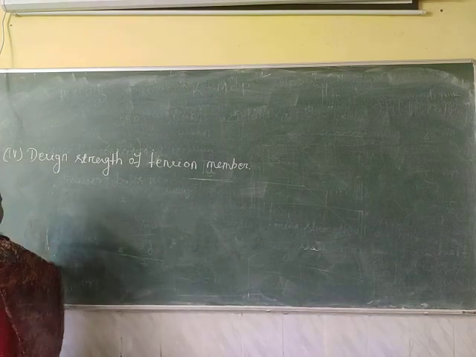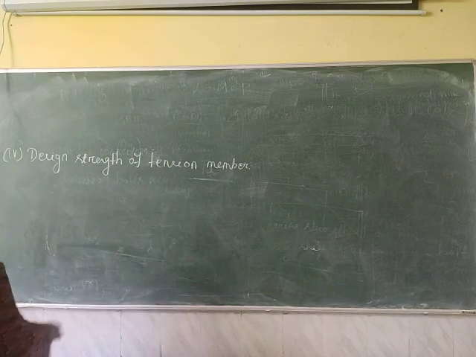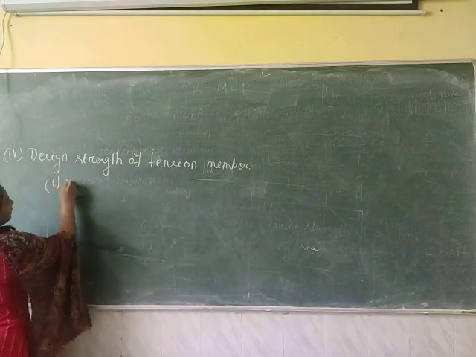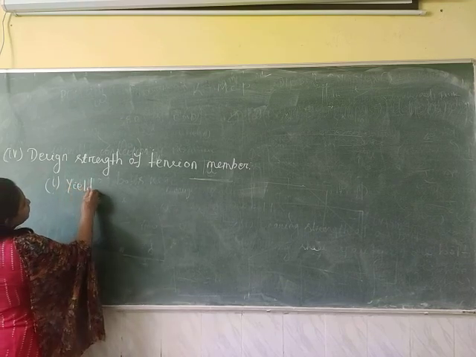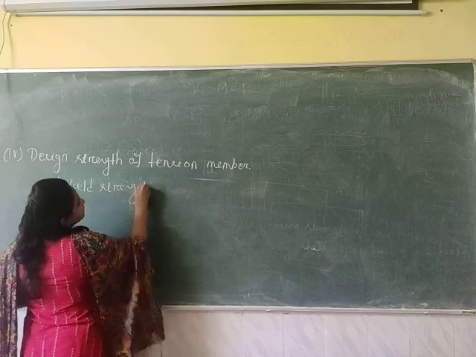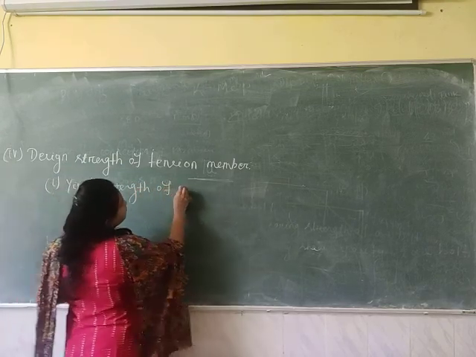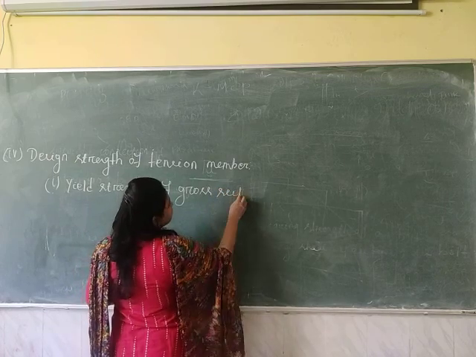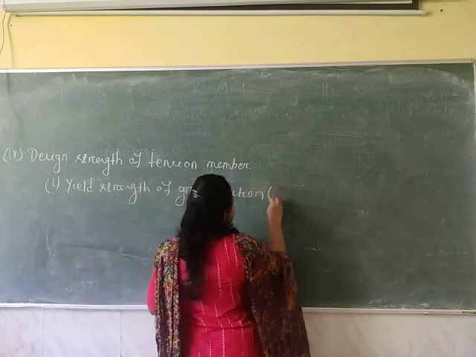So first calculate yield strength of gross section, that is TDG.